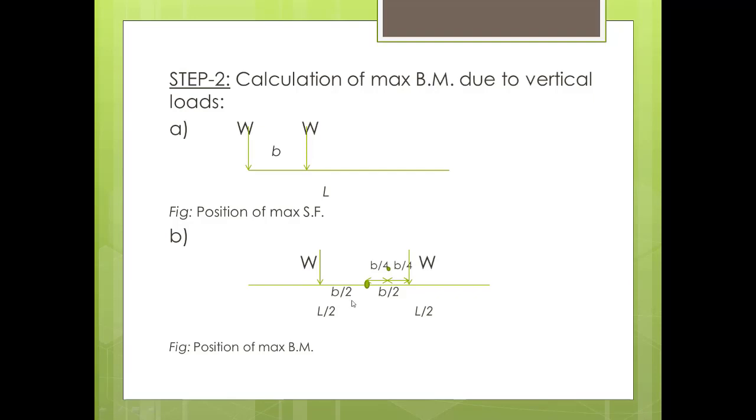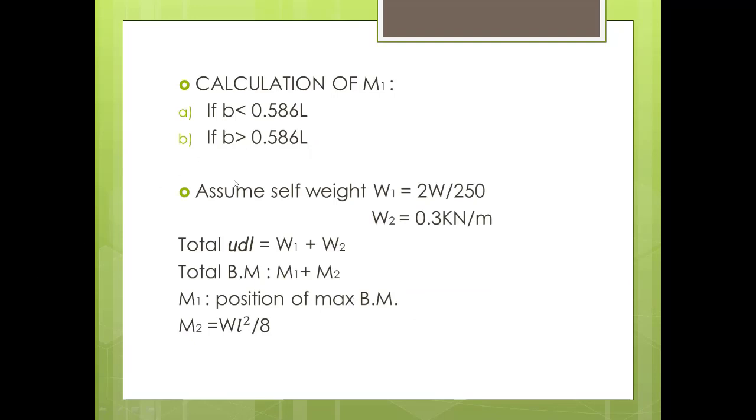Now we have to calculate M1. For this we have two criteria. One is B lesser than 0.586 L, and another is B greater than 0.586 L, where L is the length of the span.